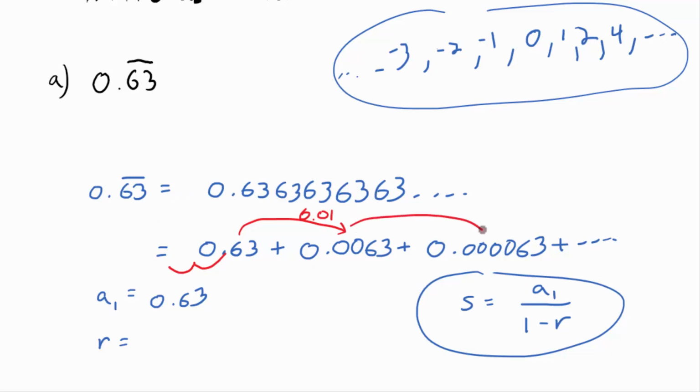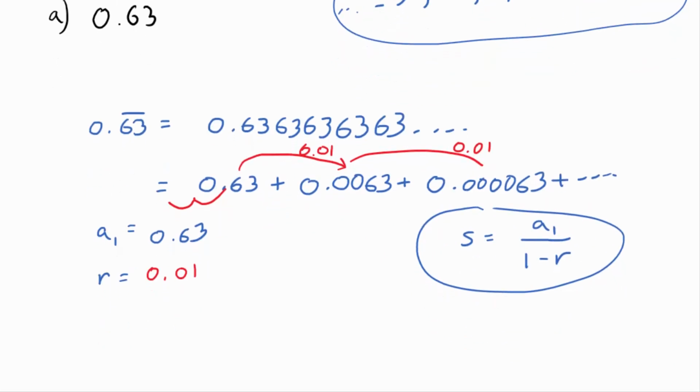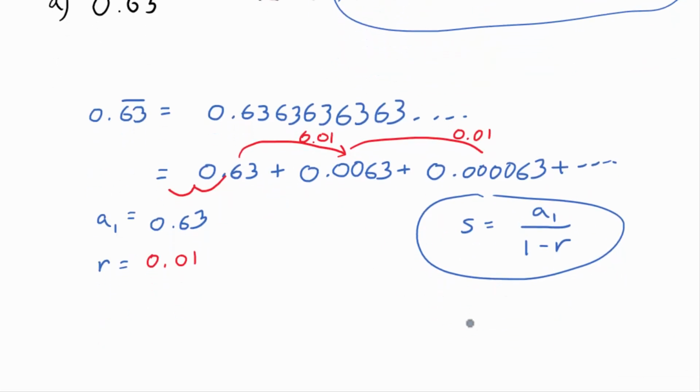And same thing over here. It has to move 2 more places, so multiply by 0.01. So R is 0.01. And if you wanted to, on your calculator, take 0.0063 divided by 0.63, and you'll get 0.01. Okay, so now plug in the formula. You get S is equal to A1. What's that? 0.63.